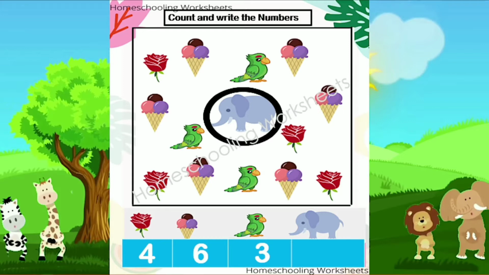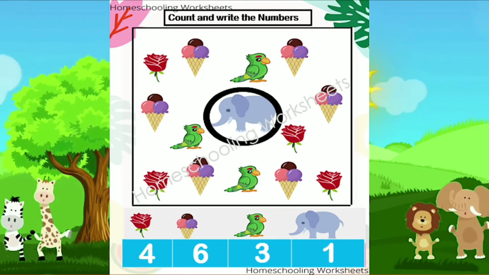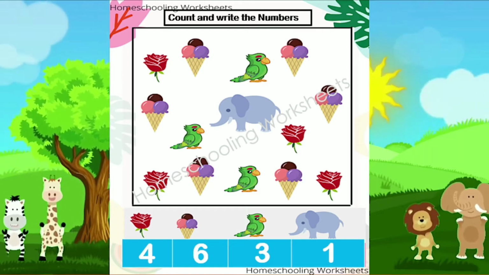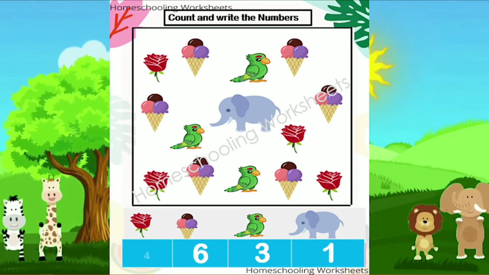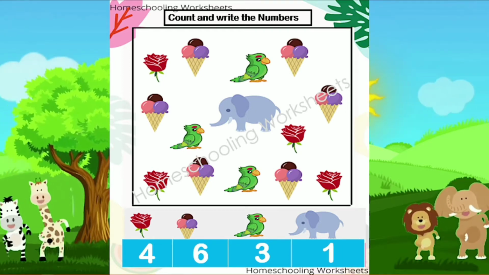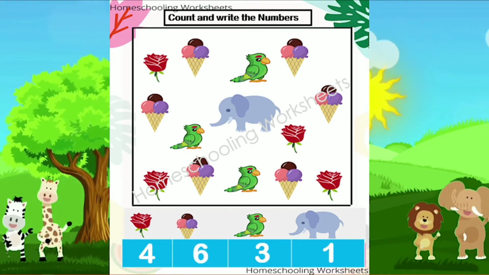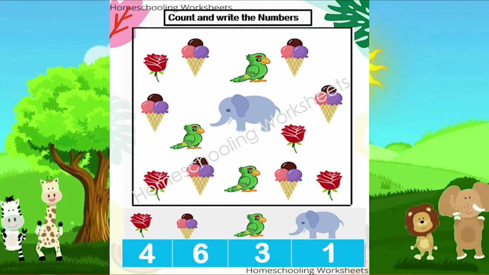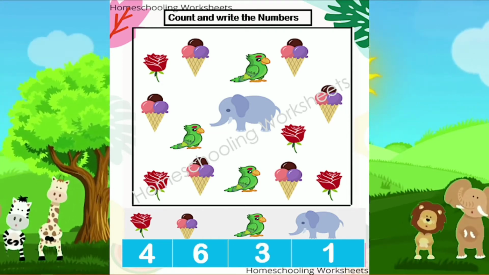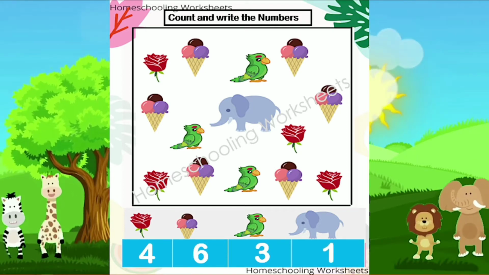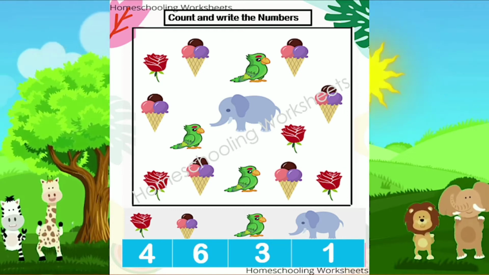We have 1 elephant. So now we have 4 roses. We have 6 ice creams. We have 3 parrots. And we have 1 elephant.